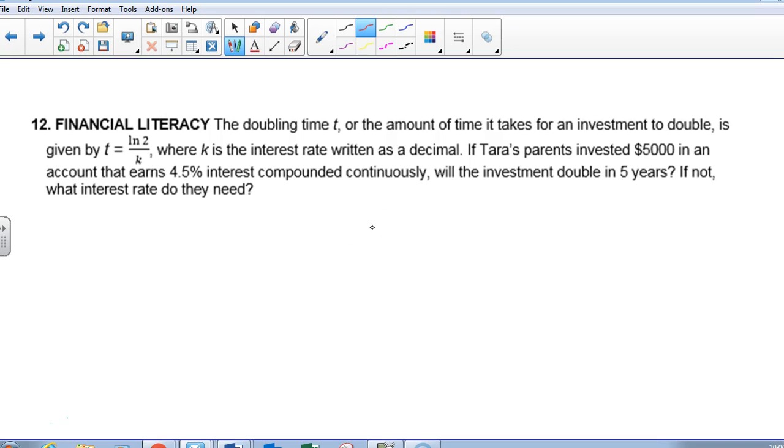So, do we need to know that it's $5,000? For this formula, it doesn't matter. You just take the natural log of 2 divided by what? 0.045. And that's going to give us the time.